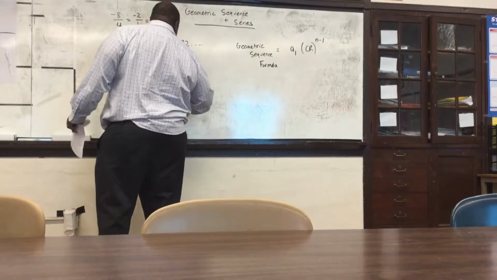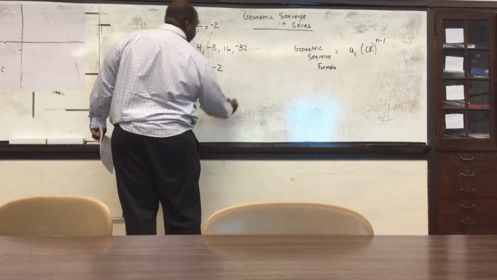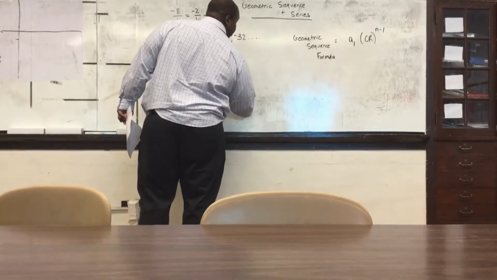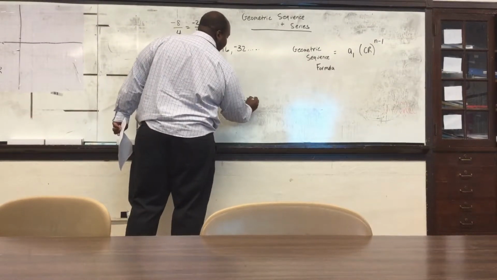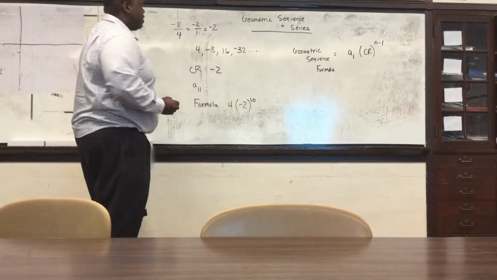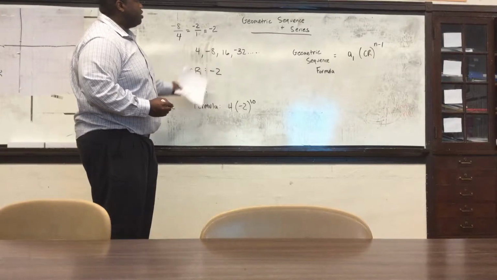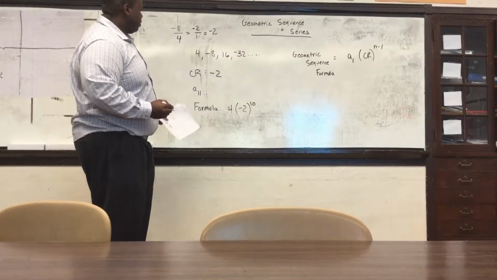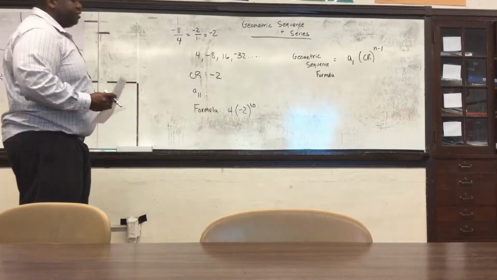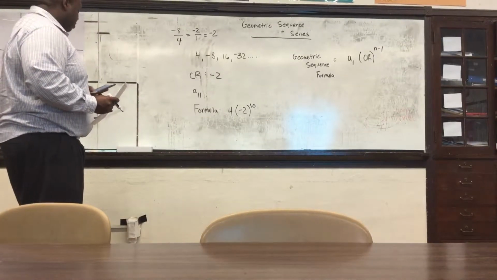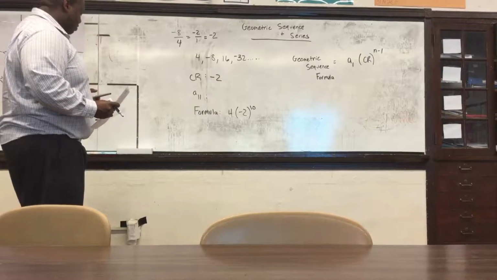So it would be 4. Common ratio is -2. And the n minus 1 will make it 10, because we said that 11 is our n here, and we minus 1, and that gives us 10. If you want to pull out your calculator, which I'll do right now, I'll get this going.